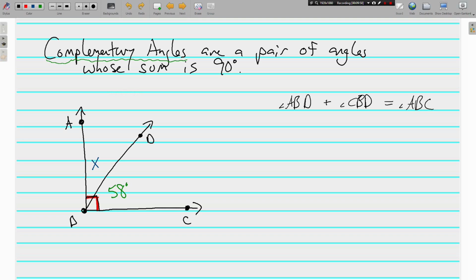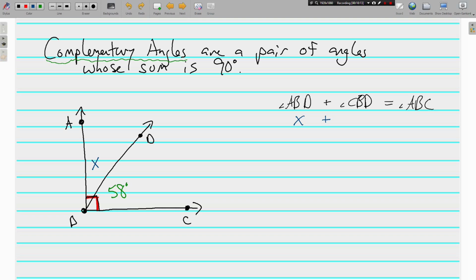They're complementary because their sum is 90 degrees. Sum is an adding word. So when we add the two angles together, we get 90 degrees. Now, what's the measure of angle ABD? Well, we don't know, so it's x.